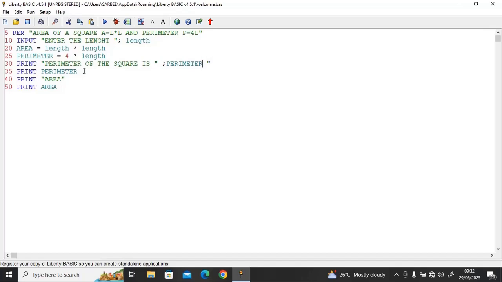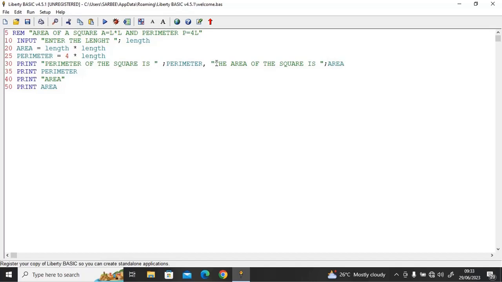I will show you how these things work. Don't panic. Oh my bad. So this is going to be the area of the square is, curly bracket, area.